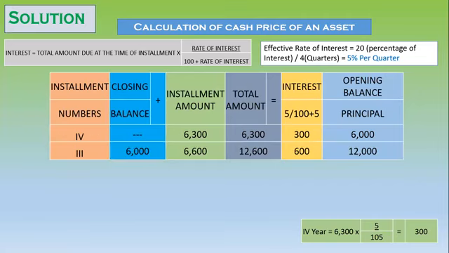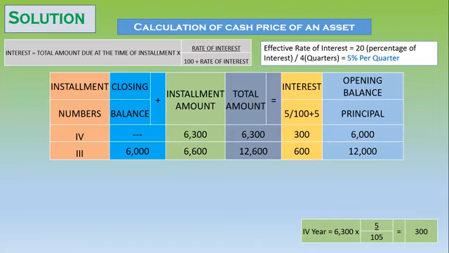Now for the third quarter, the closing balance is 6,000 and the installment amount paid is 6,600, so the total is 12,600. For the interest of the third quarter, 12,600 into 5 divided by 105 gives 600. Subtract the interest and you get the opening balance: 12,600 minus 600 gives 12,000.